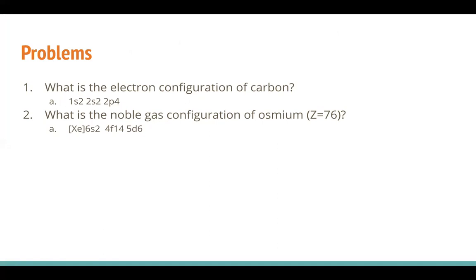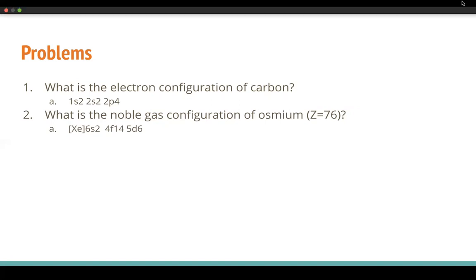Carbon would be 1s2, 2s2, 2p2. This makes sense because the 4 valence electrons are in the 2s and 2p subshells. And then the noble gas configuration for osmium would be xenon 6s2, 4f14, 5d6. If you just go through the periodic table, that's what you would get.